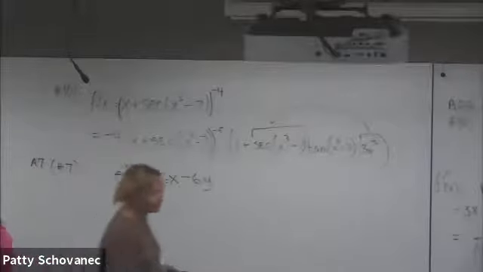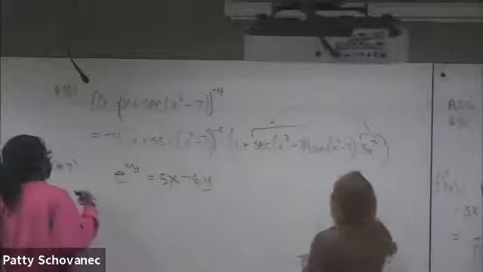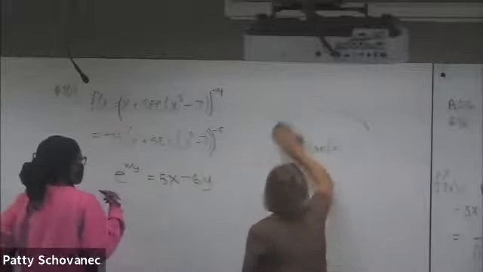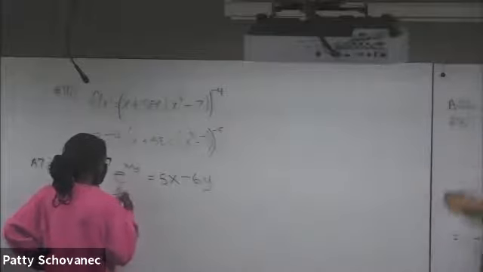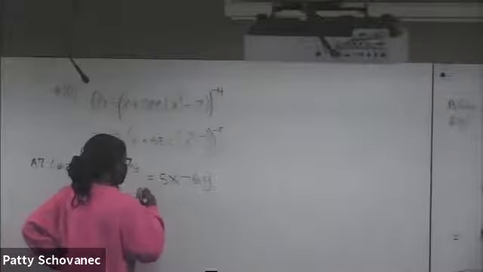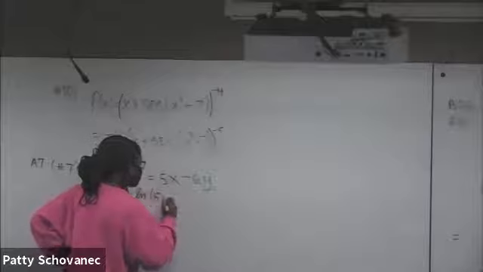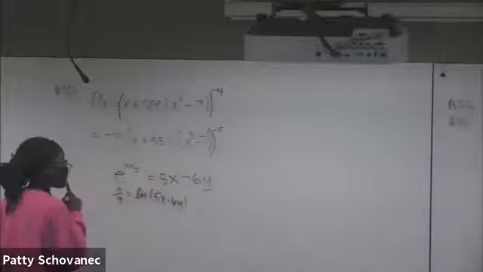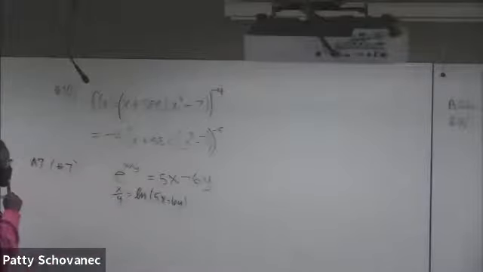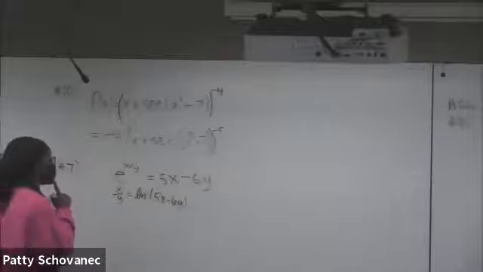Again, try to write a little bit bigger. You just didn't like that e to begin with, huh? Okay, so step back. She took the natural log of both sides. However, it'll work. Now keep going.